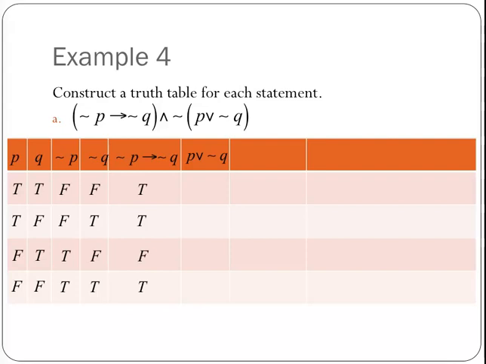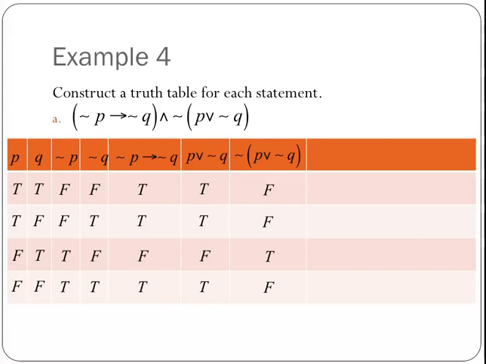So we have true, true, this one is false, and this one is true. Now remember that second parentheses has a negation in front of it. So the negation of the column before, just the opposite, is going to be false, false, true, false.